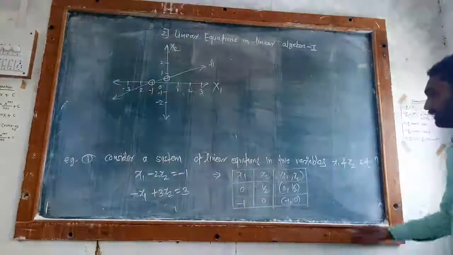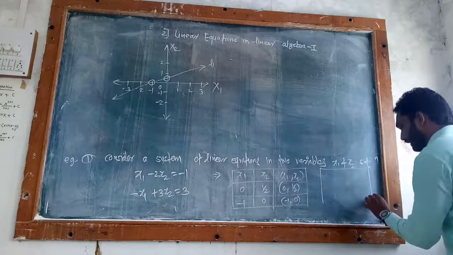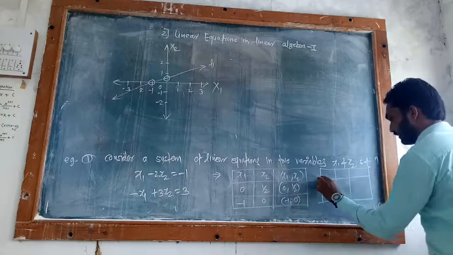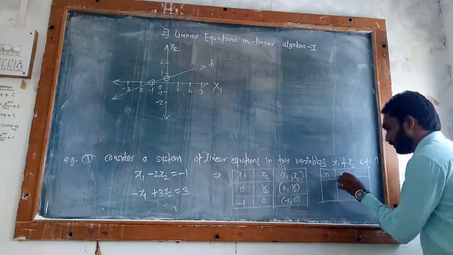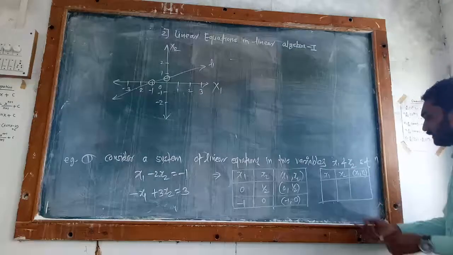Similarly, we can draw the second line. This is your x1, this is your x2, and this is your (x1, x2).